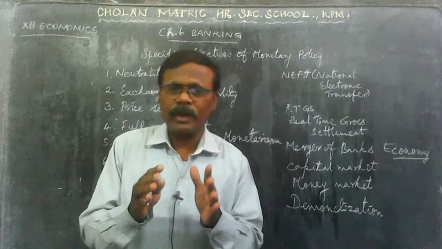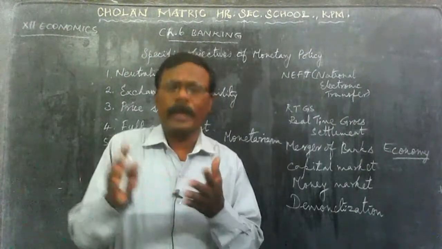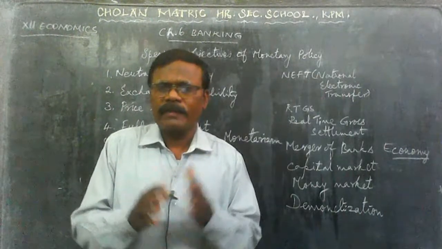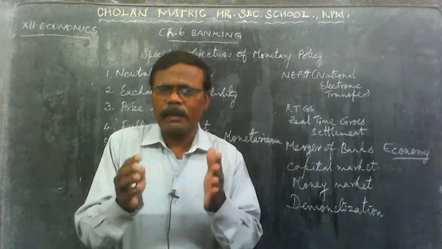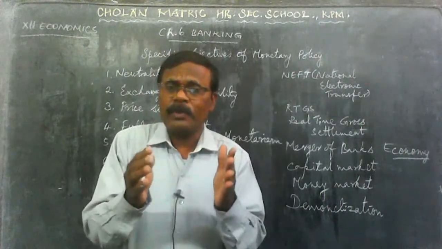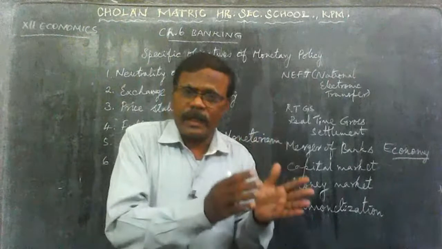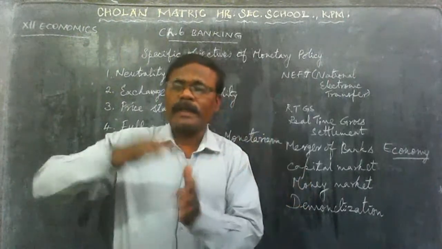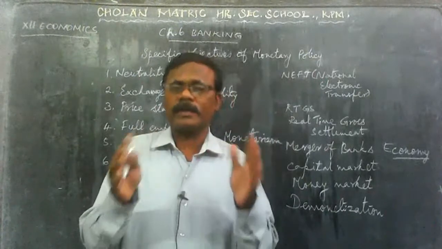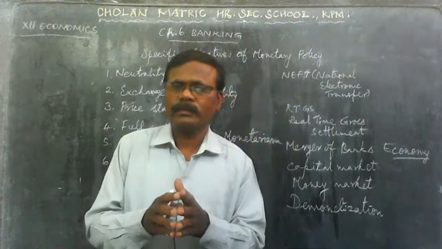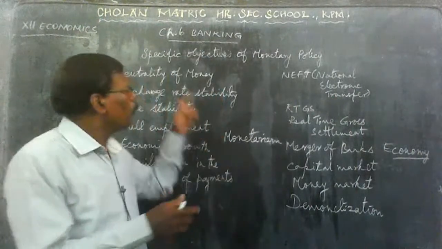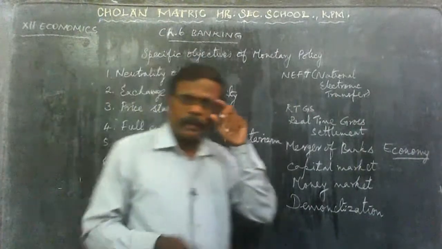Bungling, that is, not in a correct way. Federal is the system of government where power is shared between one central government and several regional governments. So, Federal Reserve System. So, this is about the introduction of monetary policy.